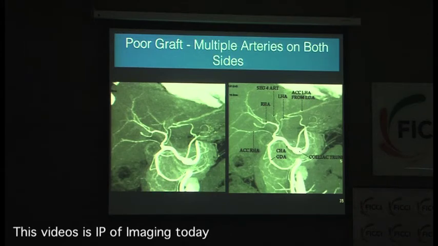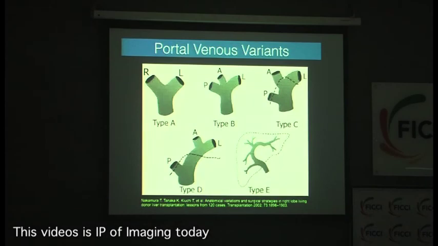Count the number of arteries: 1, 2, 3, 4, 5. So in this patient, any kind of graft you take is going to have 2 arteries. Left lateral segment, 2 arteries. Left lobe, 3 arteries. Right lobe, 2 arteries. So you have to look for these kinds of variant anatomy in patients who go for liver transplant, and also in patients who are going to be evaluated for hepatectomies.